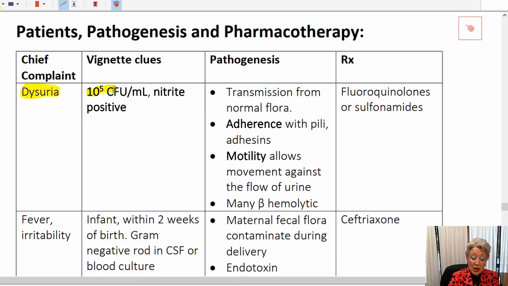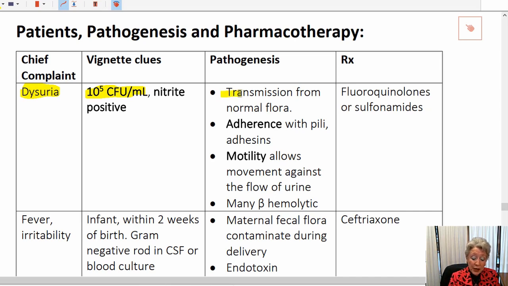They would need to tell me that they find 10 to the 5th colony forming units of a nitrite positive organism in urine. And remember, that number is important because it allows you to distinguish between the contamination of a clean catch and an actual infection.